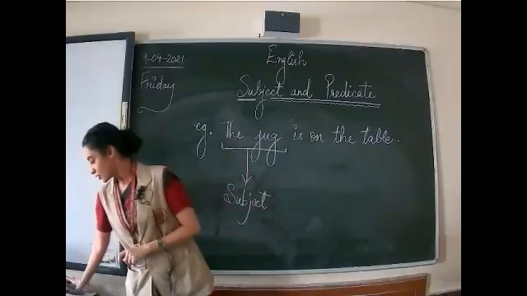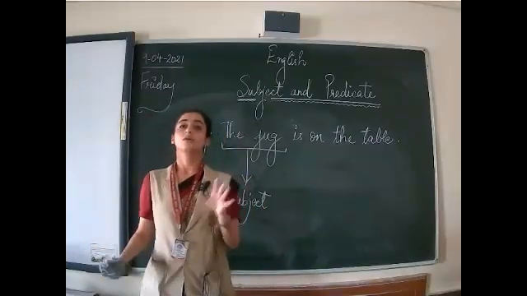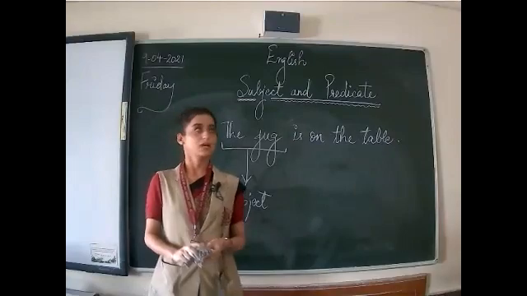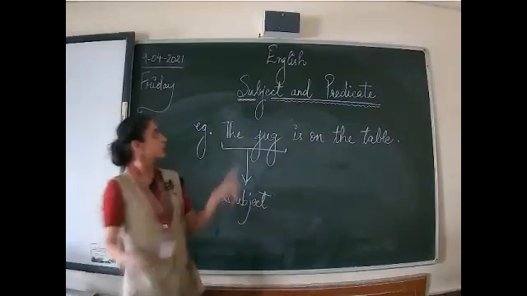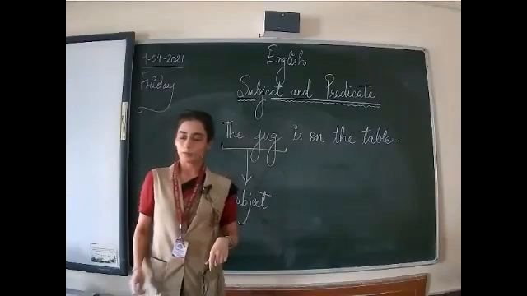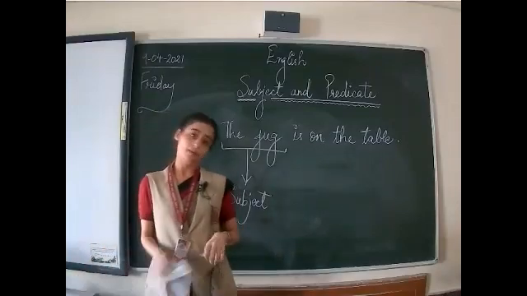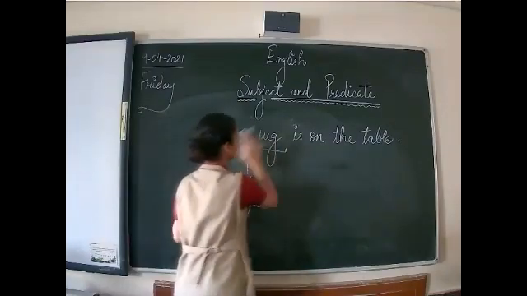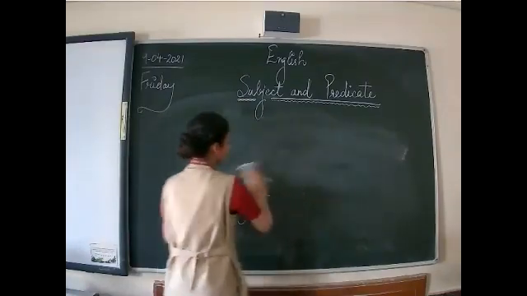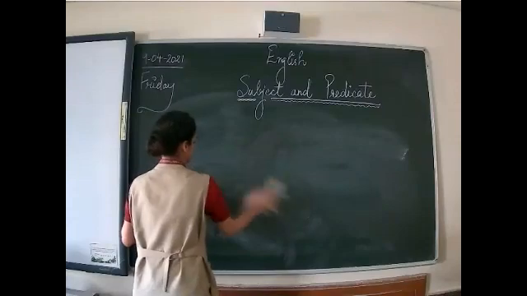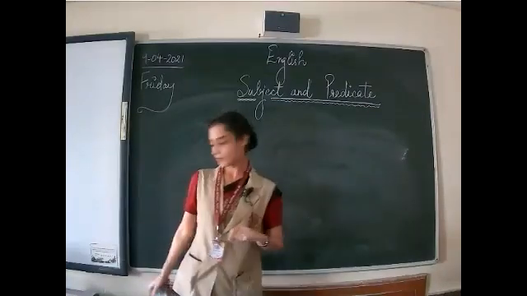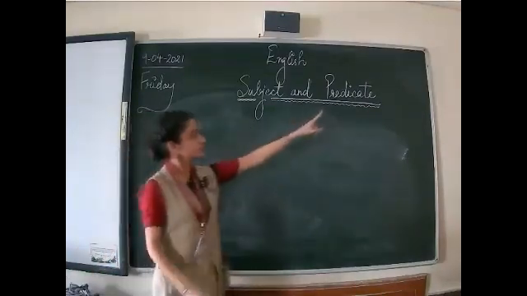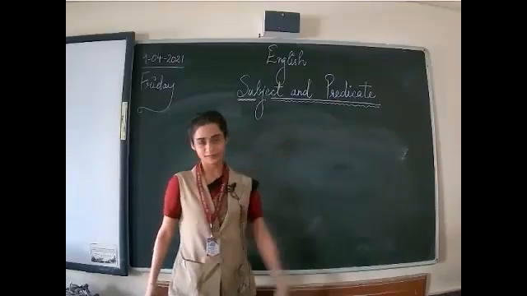Okay, children, I hope you have understood what a subject is. We are just discussing the subject right now. I've explained it with the help of examples. Now, we will switch to the other part, that is predicate.